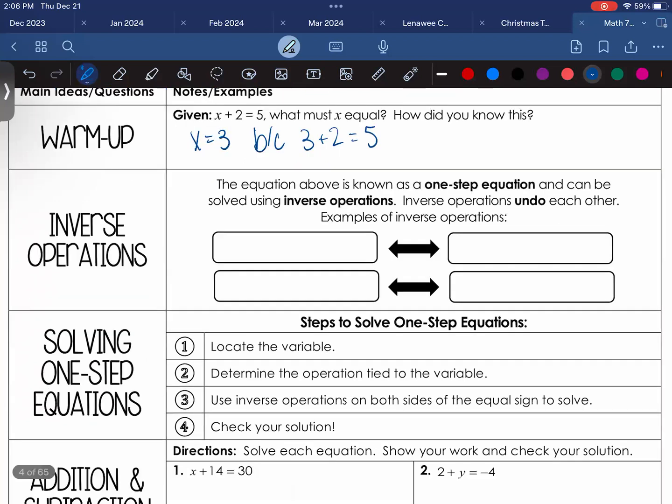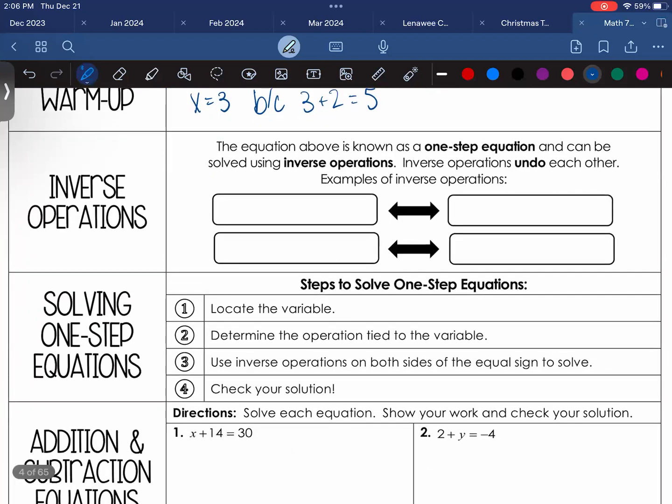All right, so inverse operations. It says the equation above is known as a one-step equation and can be solved using inverse operations. It's a one-step equation because we only need to do one step to solve for x. Inverse operations undo each other, or I'm going to say cancel out each other. That's the word we use a lot. So let's say we have addition.